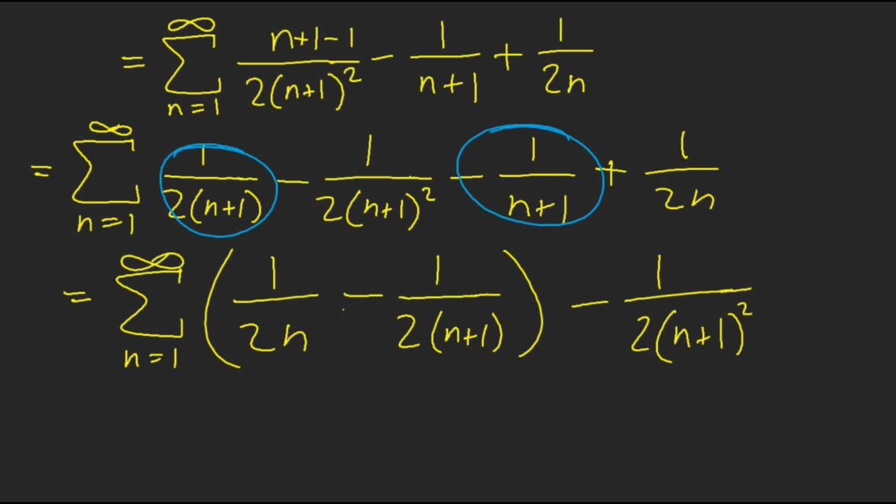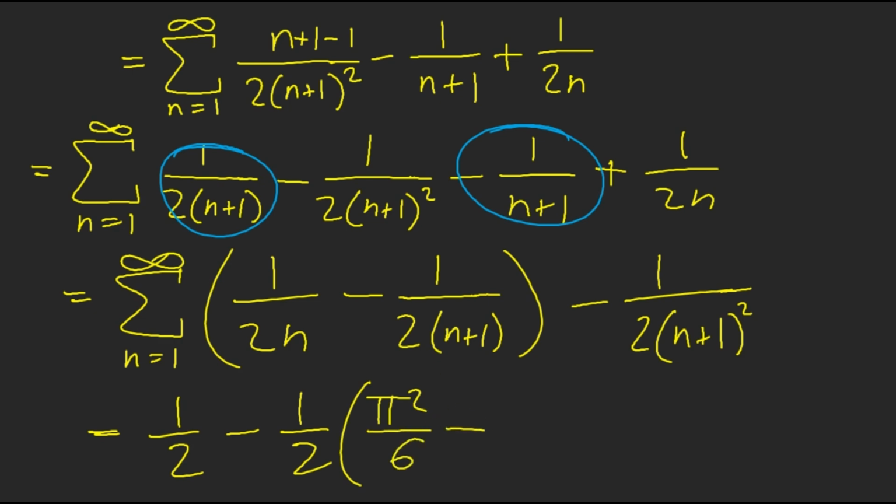Here we already know this is a telescoping sum, so this is equal to 1/2. Okay? And then minus 1/2 of, this is pi squared over 6. However, if you plug in n equals 1, we started with 2. So this is technically pi squared over 6 minus 1, because we're missing that first term.